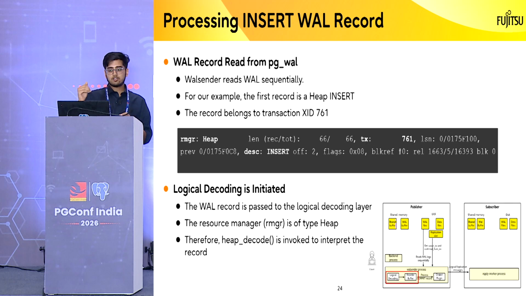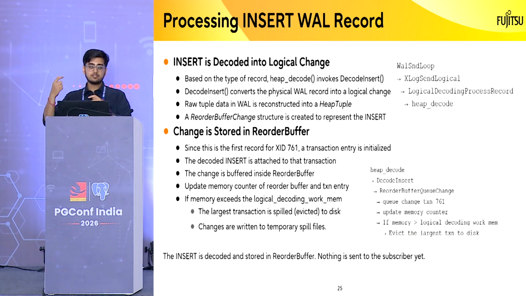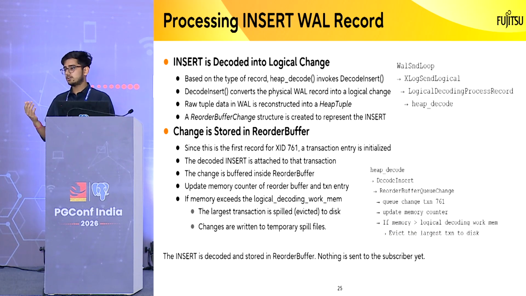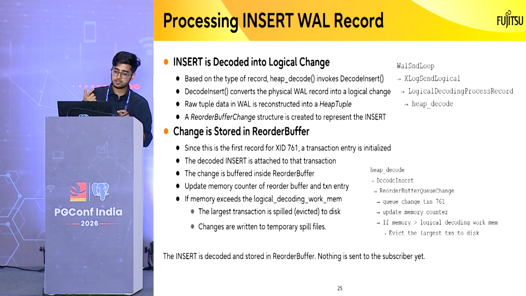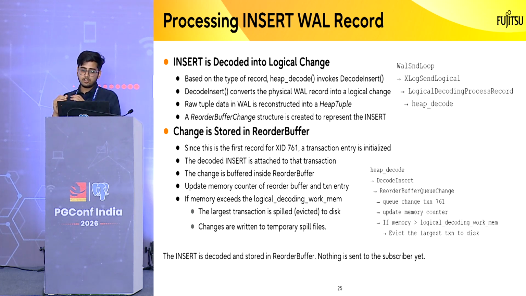Once the record is read, logical decoding is initiated. It will check that the resource manager which generated this WAL record is of type heap, so the heap decode function is invoked. Inside heap decode, based on the type of record, since it is an insert record, the decode insert function is invoked, and it will convert that physical WAL record into a logical change.